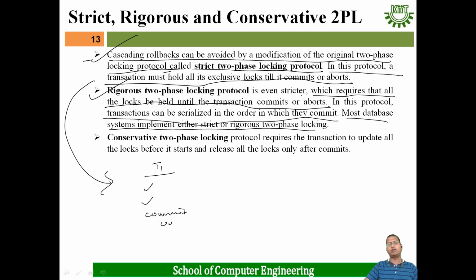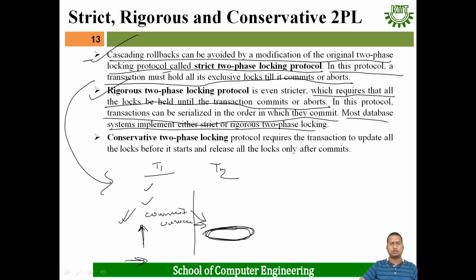After commit, it can unlock the data items. That's why when transaction T2 reads any data items, and if any failure occurs here, it will not roll back, and whatever data items T2 has read from T1 are also consistent data items that have been updated in the database. That's why cascading rollback is not possible here.